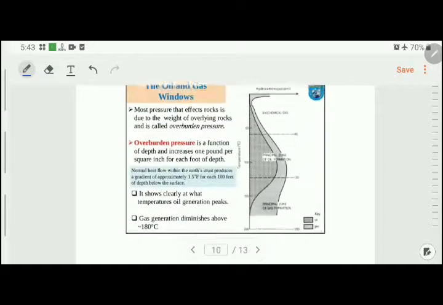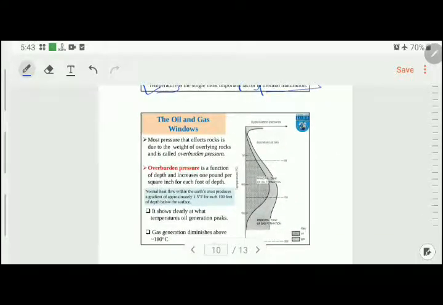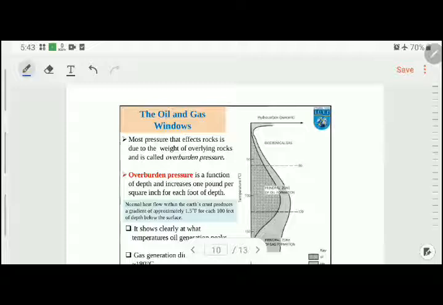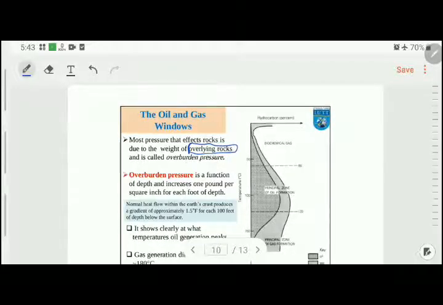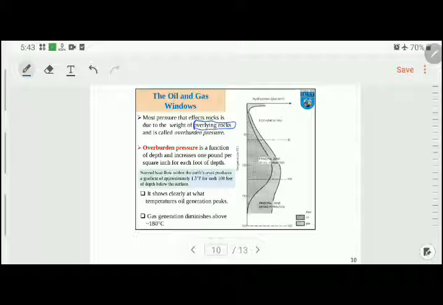Until we reach gas only, the oil and gas windows. Most pressure that affects rocks is due to the weight of the overlying rocks, or overburden rocks, and this pressure is called the overburden pressure. These rocks themselves generate a pressure called the overburden pressure.